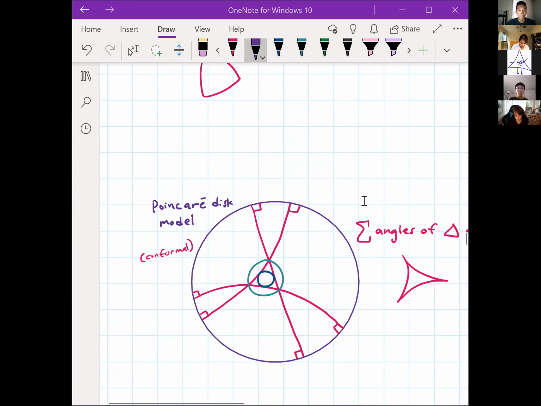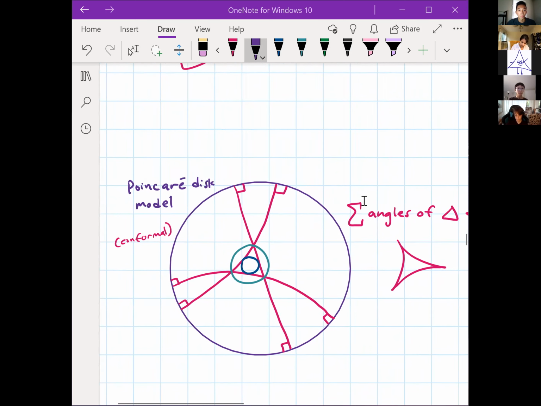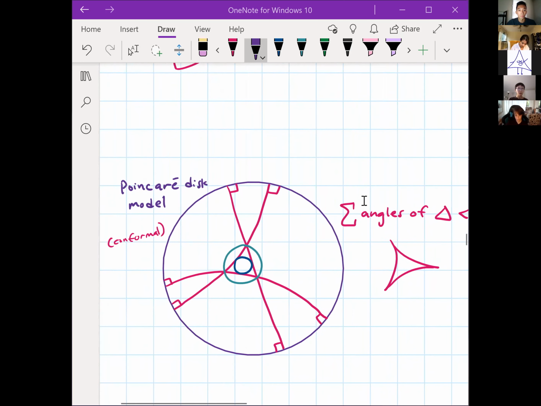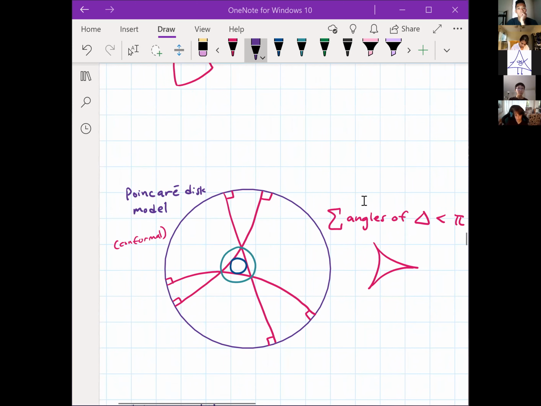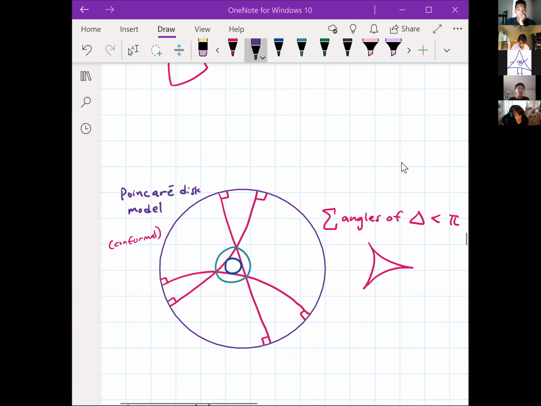And okay, so now we can talk a little bit about hyperbolic space. So there are a lot of different models of hyperbolic space. So I thought I would talk about just a couple of them. So one model is the Poincare disk model, which is a conformal model, meaning that the angles you see in the picture are actually what the angles should be.